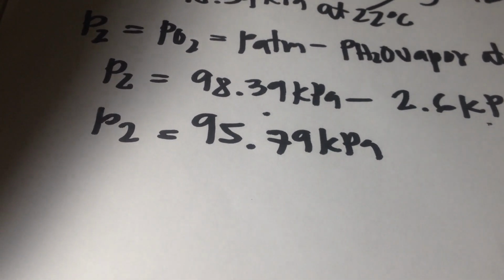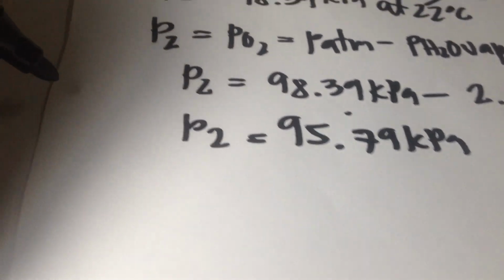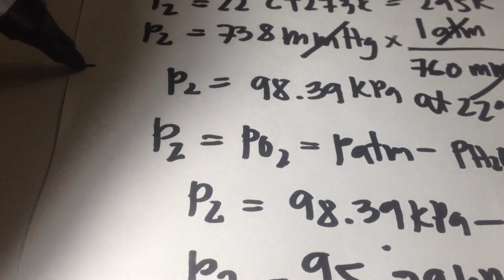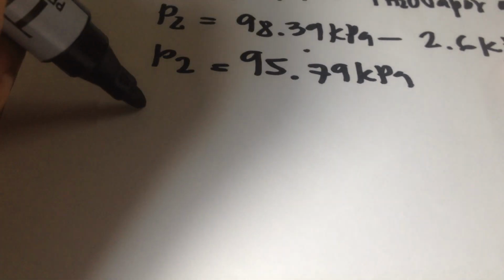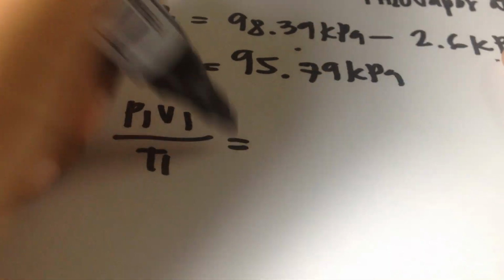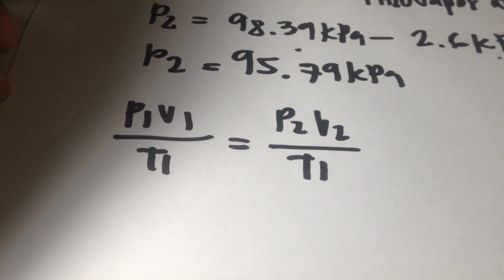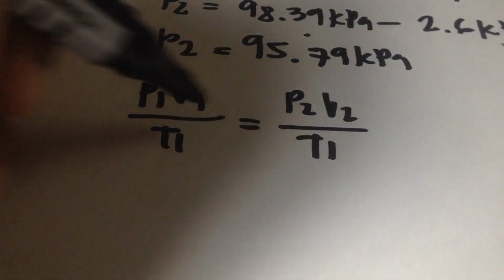And lastly, we need to use the combined gas law. So here is the solution: P1 times V1 over T1 equals P2 times V2 over T2. We need to find volume 2, so cross multiply.